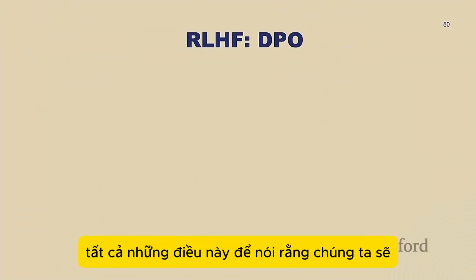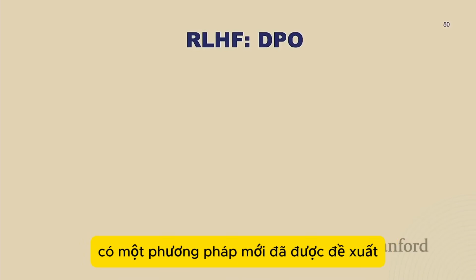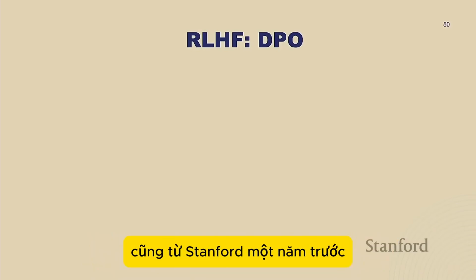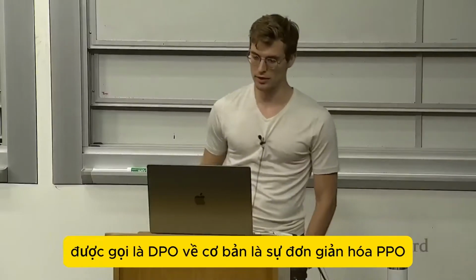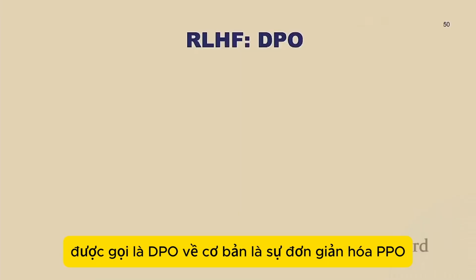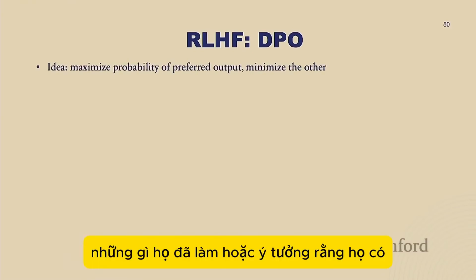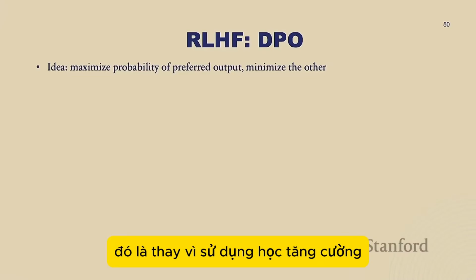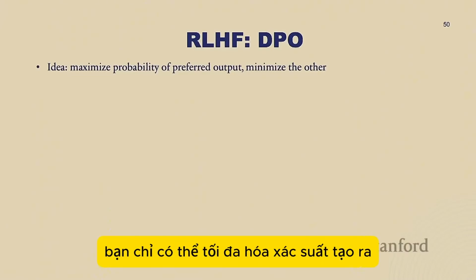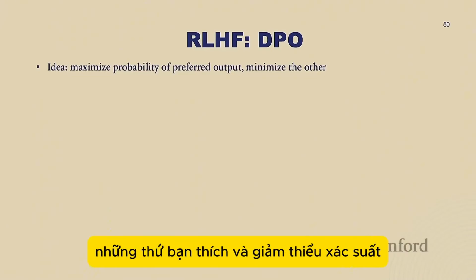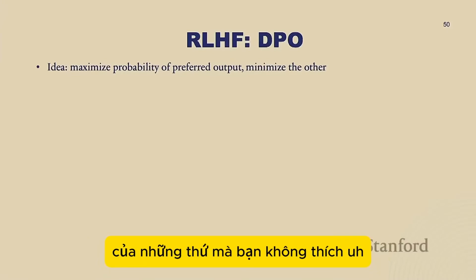All this to say, there was a new method proposed, also from Stanford, one year ago, called DPO, which is essentially a simplification of PPO. The idea is that instead of using reinforcement learning, you can just maximize the probability of generating the stuff that you like and minimize the probability of the stuff that you don't like.